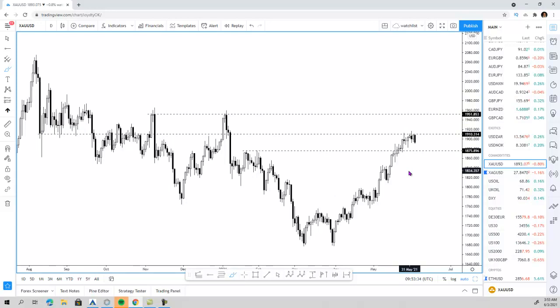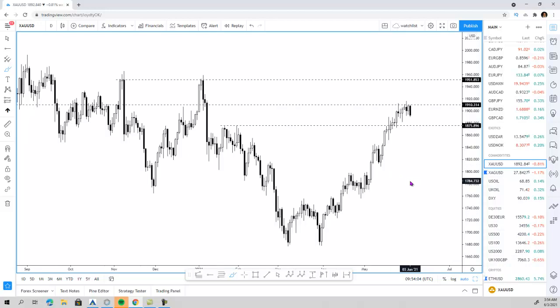But because of rising inflation and US dollar depreciation, we continue to be bullish on gold and silver. Why? Because when inflation rises, risk is off, and that means that money moves from riskier investments such as equities to safe havens or less risky investments such as gold and silver.